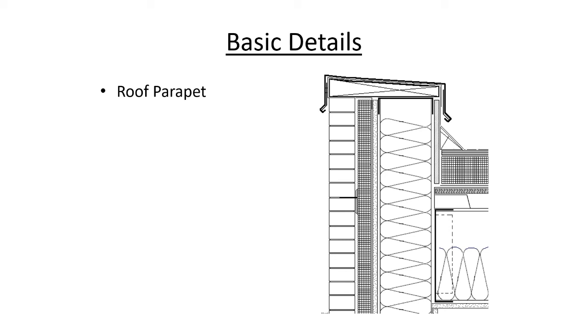We see gypsum non-combustible sheathing, a water-resistive barrier, continuous insulation in the form of extruded polystyrene, the brick ties which are tied back through the gyp sheathing and into the steel framing below, and then the brick itself.